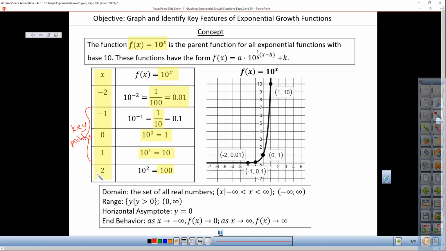That's generally not going to fit onto our graphs at all. So we'll think of these 3, x's of -1, 0, and 1 as our key points to use. And sometimes we'll just use these 2, depending on what we've got for the size of our graph. Again, being exponential, its domain is going to be the set of all real numbers. It's a continuous function. All exponential functions are continuous.